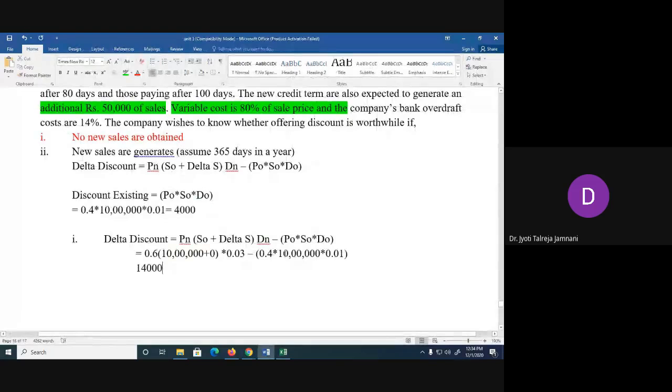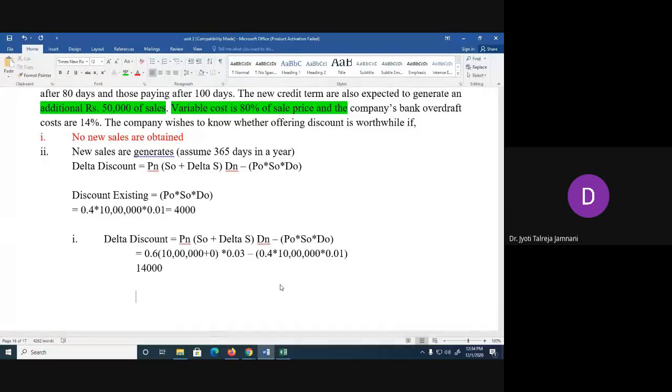When you calculate this, you get 4,000, right? Has anybody done? Ma'am, I'm getting 18,000, and 18,000 minus this 4,000, right? Yes, ma'am. 14,000 is correct, ma'am.